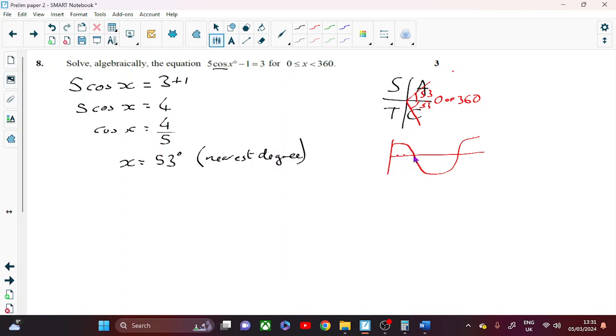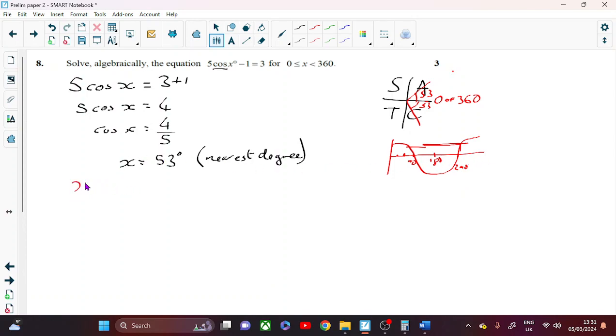And we've got our 90 here. We've got our 180. We've got our 270. So our 53-ish is about here. So we're going to have it again about here. Okay? So it's going to be somewhere between 270 and 360.